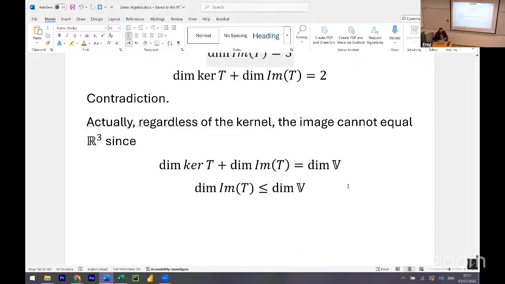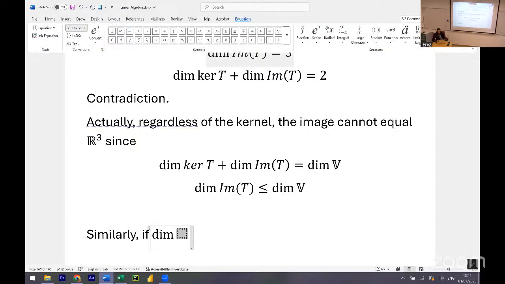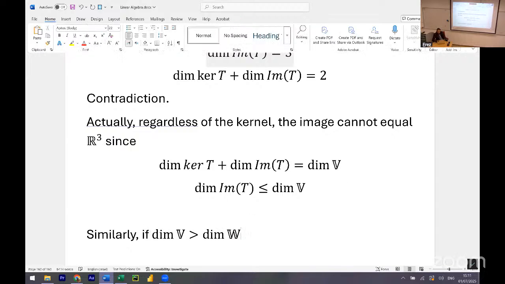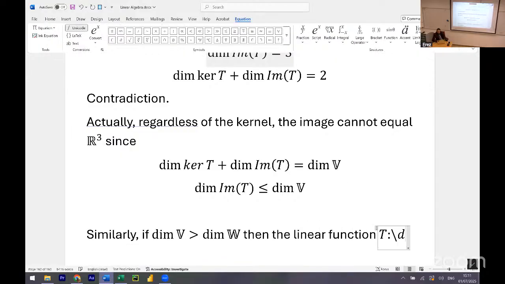Okay. Similarly, if the dimension of the domain is larger than the dimension of the range, then the linear function T from V to W cannot be what?